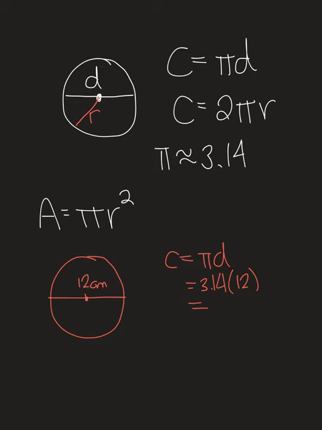And again, make sure that you're not using the pi key, that you are using 3.14, because Ed Ready will count it wrong if you were to use the pi key and then your rounding is a little bit different. So if you do 3.14 times 12, you get 37.68 centimeters. Oops.